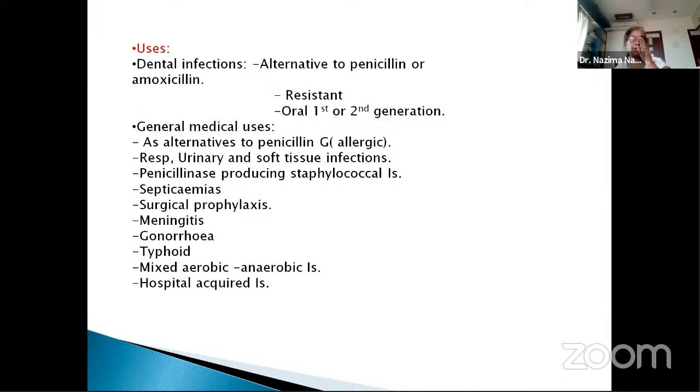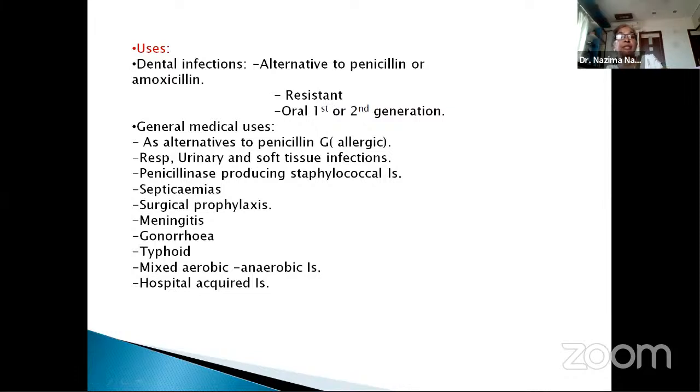Now coming to the uses of cephalosporins. In dental infections, these drugs are used as alternatives to penicillin or amoxicillin, and also in penicillin or amoxicillin resistant infections.